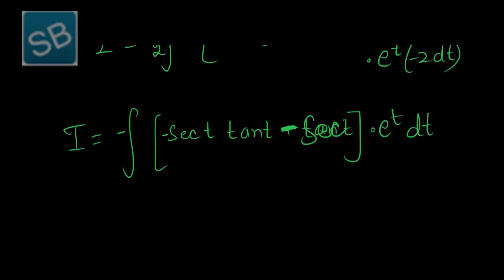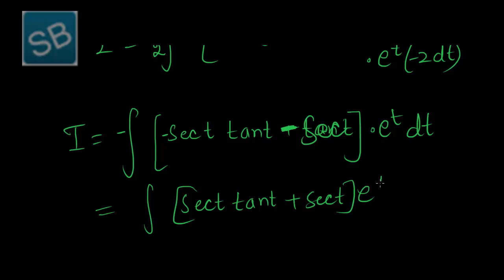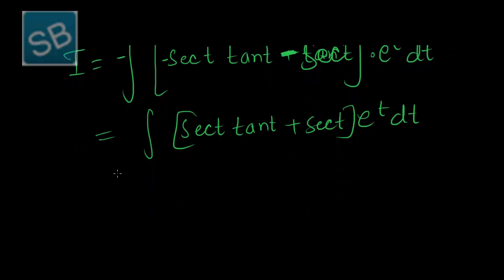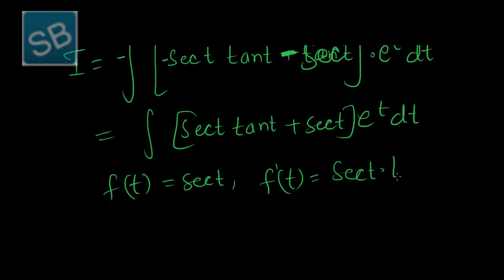So minus is taken out, that is minus minus plus, we get secant t into tan t plus secant t into e raised to power t dt. You can see we get the same form. Here f of t is secant t and f dash t is secant t into tan t.